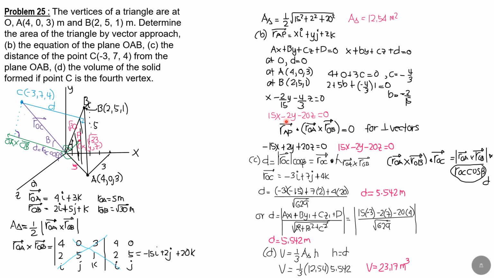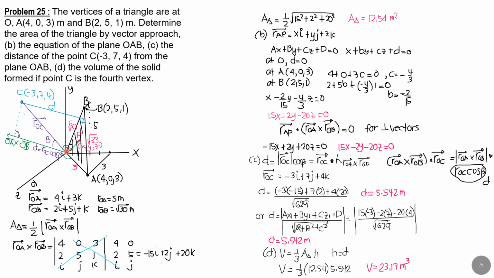Another way of determining the equation of the plane is by the dot product of AP with the perpendicular vector. And remember that the dot product of two perpendicular vectors is 0.